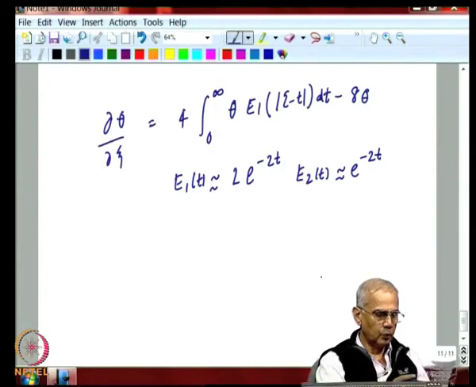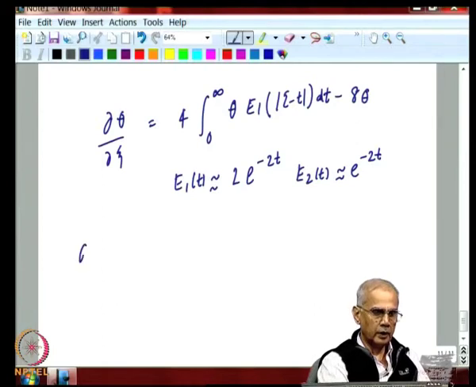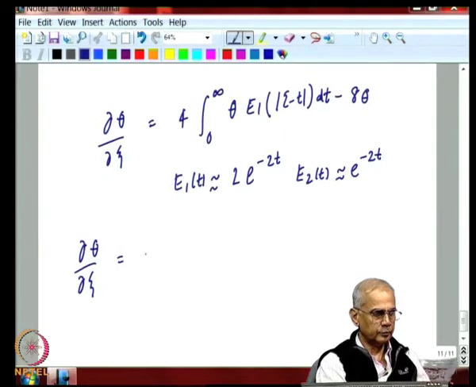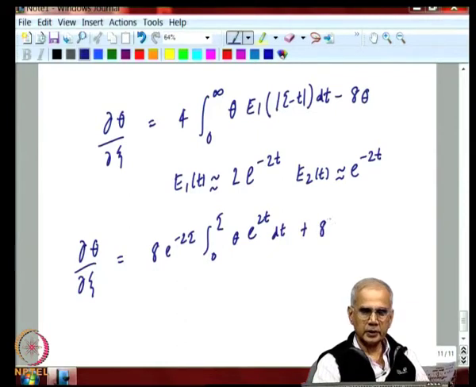Now, with this approach, you can write down the non-dimensional change in temperature as equal to 8 e to the power of minus 2 tau, integral 0 to tau. Now, we are expanding the integral, theta e to the power of 2 t dt, plus the second term, tau to infinity.